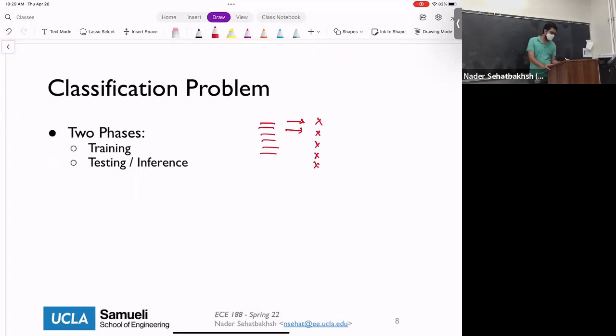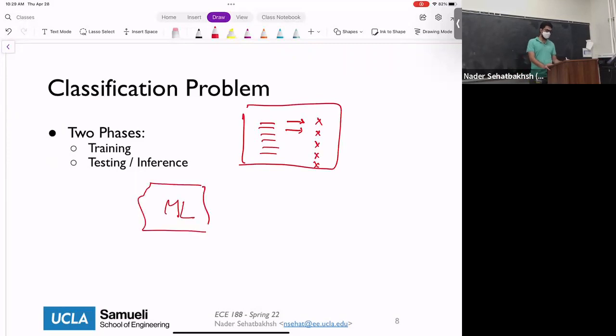So what we need to do is get this and have a machine learning model. We're going to talk about what this model is, but think about it for now as something simple, maybe a linear model, something like y equals theta 1 plus theta 2 times x, right? And x is basically this, and y is this.